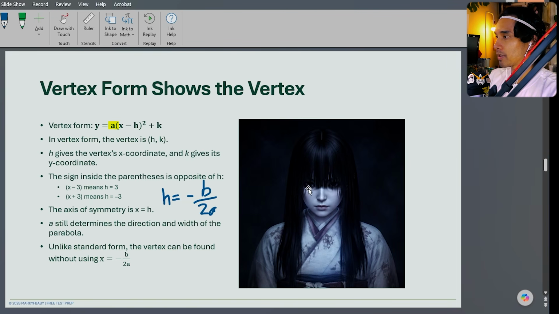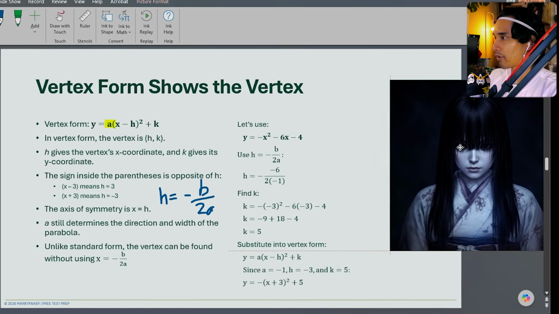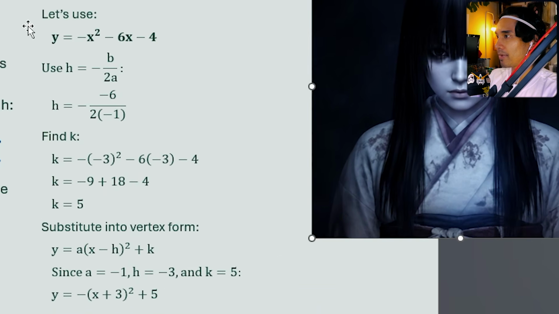Now let me move the picture, and let's use the same equation that we used previously. y is equal to negative x squared minus 6x minus 4. We use h is equal to negative b over 2a, giving us negative 3.